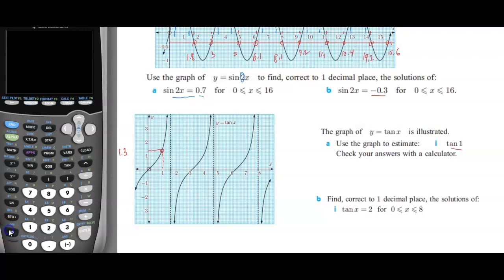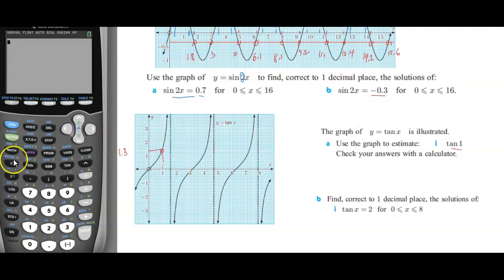Now this is obviously radians, right? So we'll go to mode, make sure we're in radians, quit, tangent of 1. 1.55. I guess my estimate wasn't very good, but okay. So with the calculator, it's going to be 1.56.